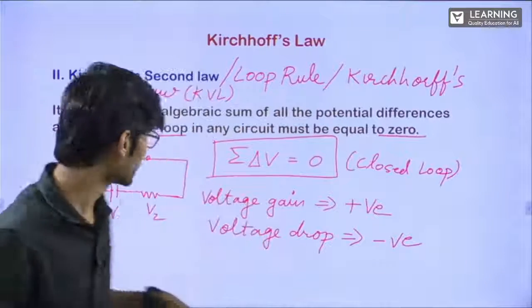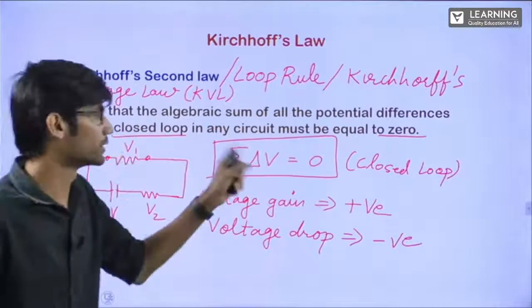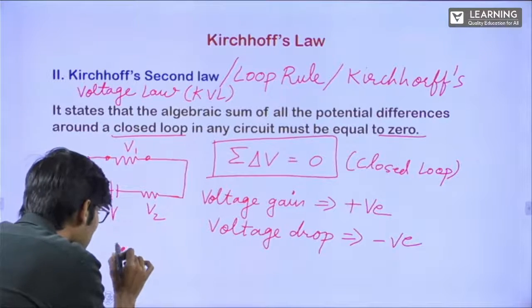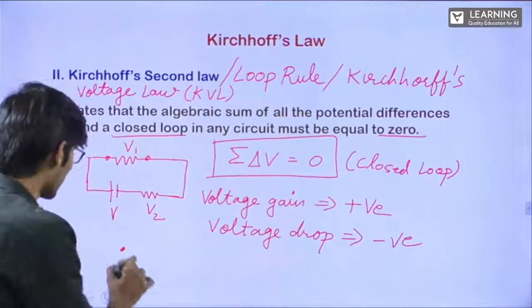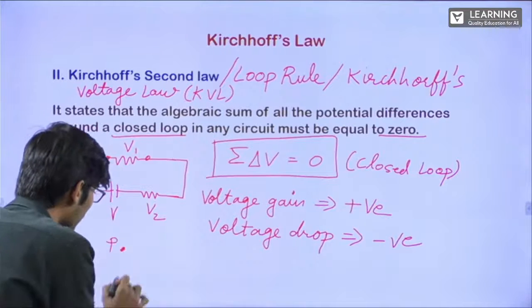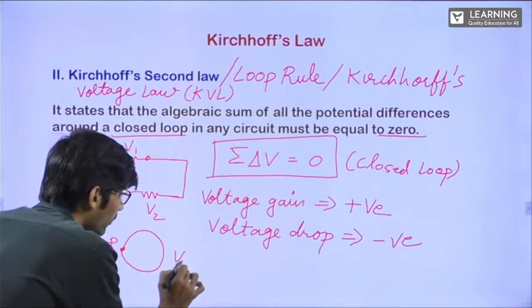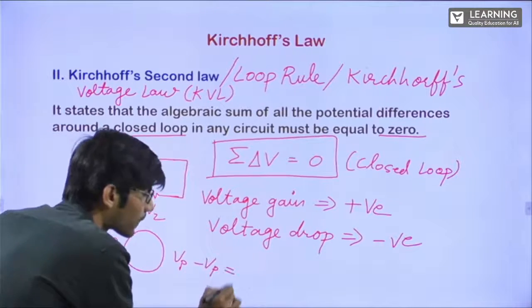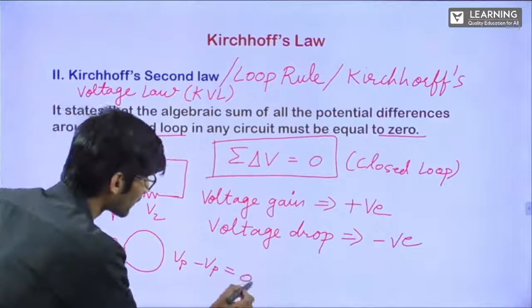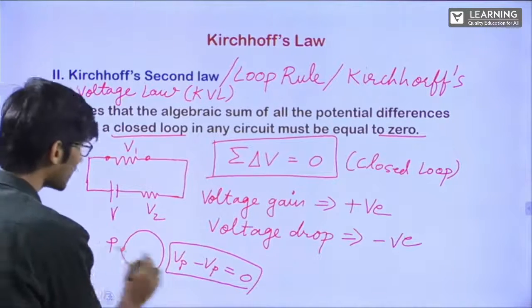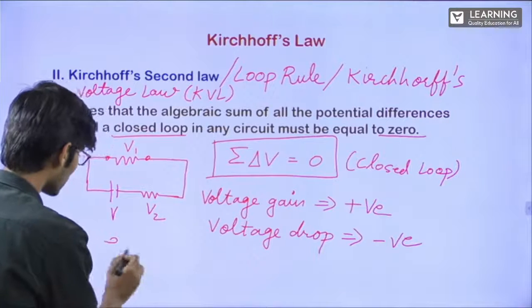See here, understand. In a closed loop, sigma delta V is 0. And it is but obvious. Let's say there is a point, let's say this point is P. If I'm moving and coming back to the same point, if I ask you Vp minus Vp, what is it? 0 only, right? So in a closed loop, sigma delta V will be 0.